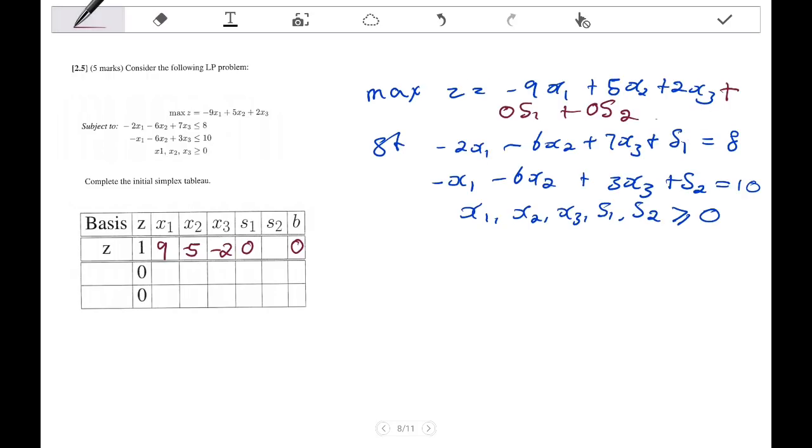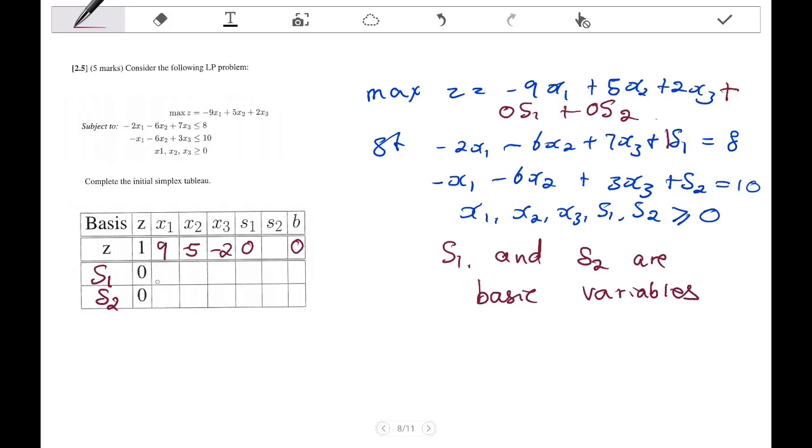The s1 is one of the basic variables because s1 has a coefficient of 0 here, and then 1 here, and then 0 there, and then also 0 on the second constraint. So s1 and s2 are basic variables. So this space here is for them. Here you write s1, here you write s2.